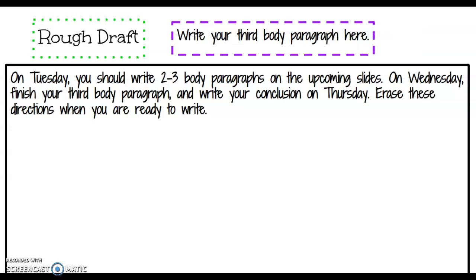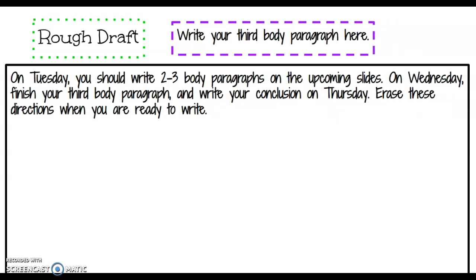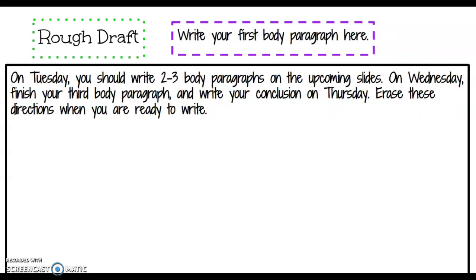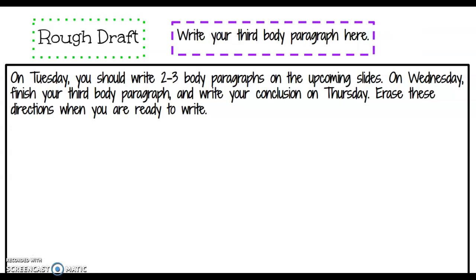And then on Wednesday, you'll do your 3rd body paragraph and your introduction, which once again is at the beginning here. And then on Thursday, you'll wrap up with your conclusion. So there's 5 total paragraphs. All you need to do today is the first body paragraph and the second body paragraph, which I will show you an example of the one that I did.